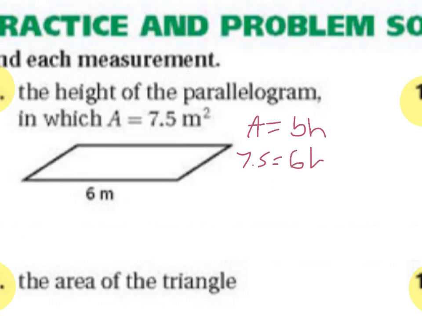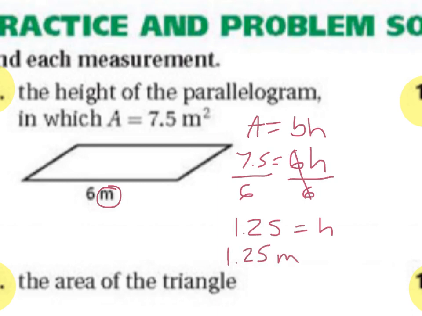And it's asking us to find the height, so we can just leave that as h. And then we can just divide 6 on both sides in order to solve for h. So it's going to cancel out on the right. We're just going to do 7.5 divided by 6, which gives us 1.25 is equal to h. And since it gives us meters, it's going to be 1.25 meters.